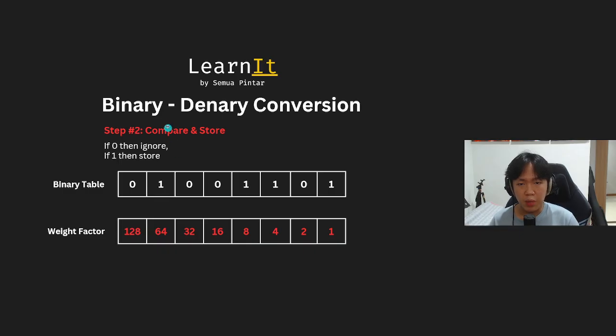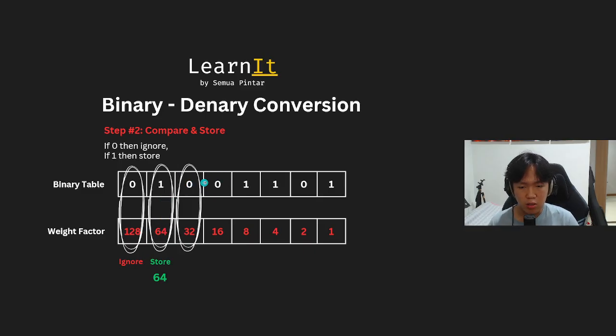So let's give a visual illustration. If you want to convert from binary to denary, you can start anywhere, honestly, but I like starting from the left. Here we have the number 0 as the first binary digit, and since it's 0, we ignore it. Now we have the number 1, and if it's 1, then we store the weight factor itself, which is 64.